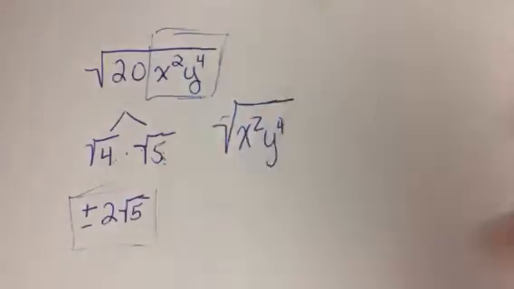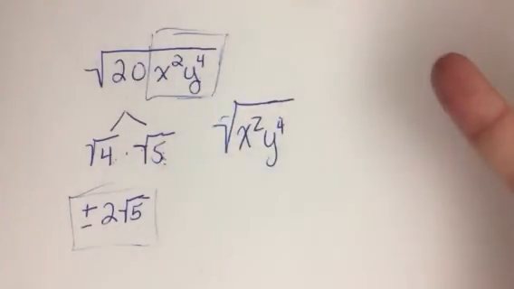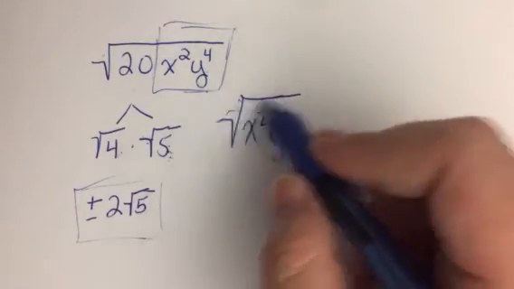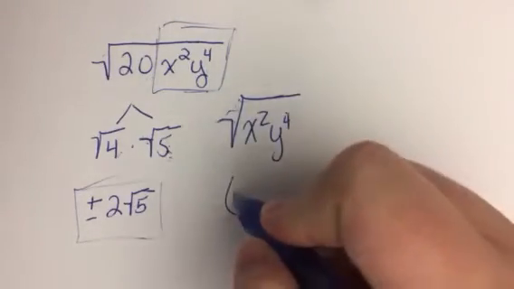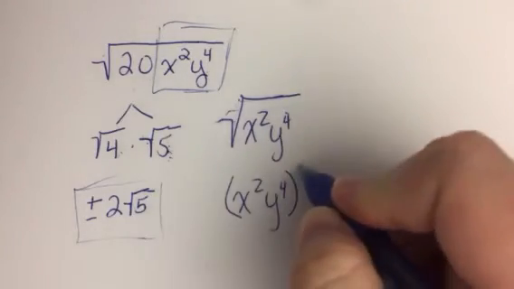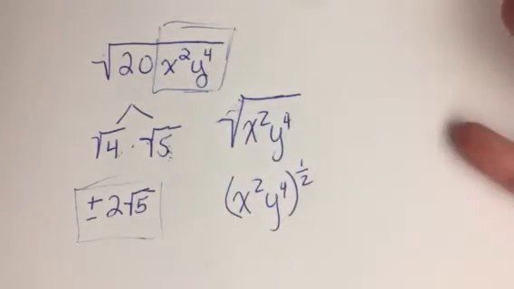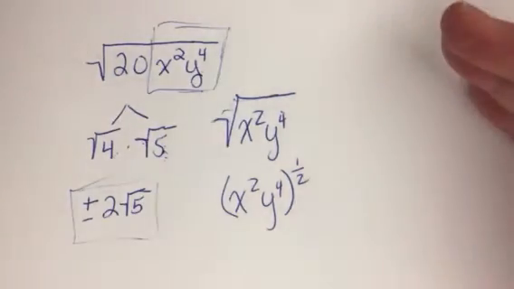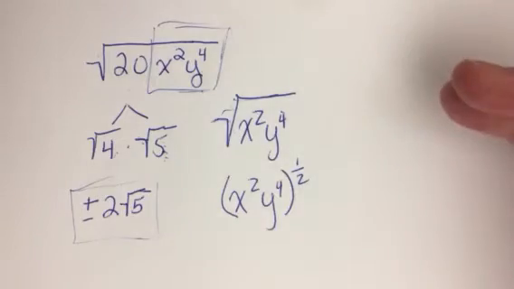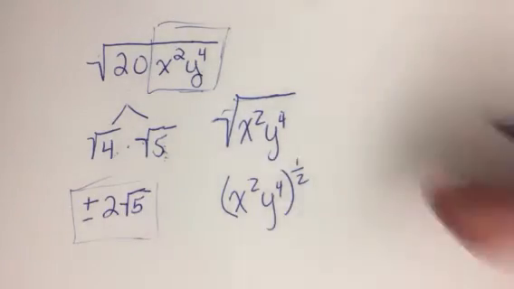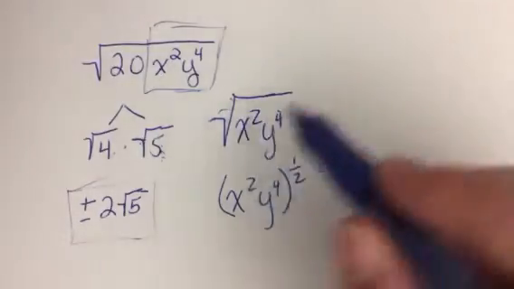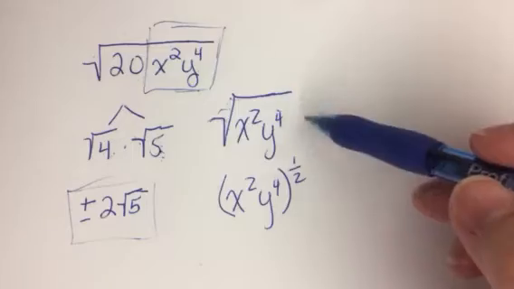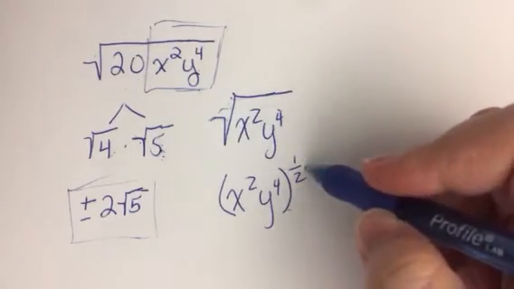So I'm going to rewrite this, take away this radical sign, and replace it with the exponent of 1/2. If you're confused about that, I'd really encourage you to go back and look at some review material on fractional exponents. But again, just really quickly, taking the square root of a value is the same thing as raising that to the 1/2 power.